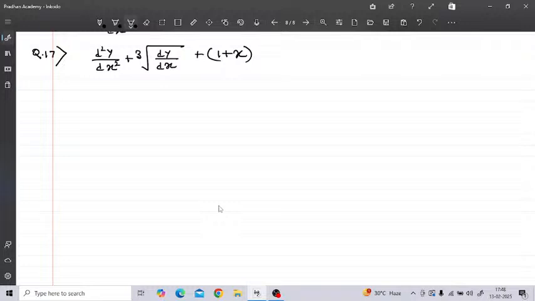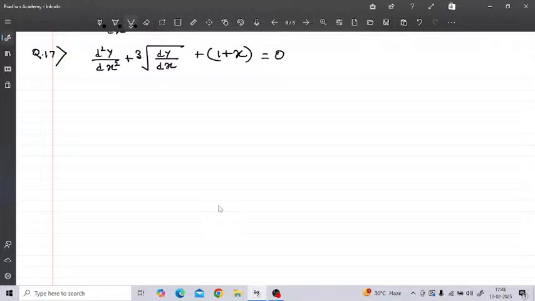Now question number 17. Find the order and degree of this equation: cube root of dy/dx plus 1 plus x equals 0.